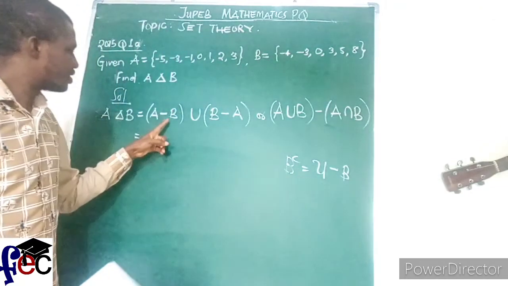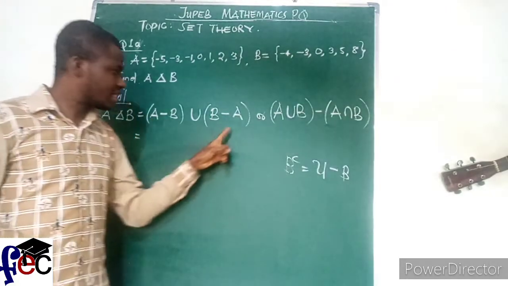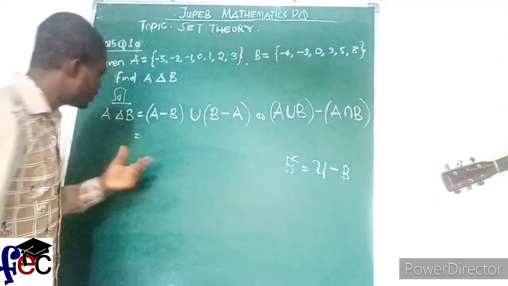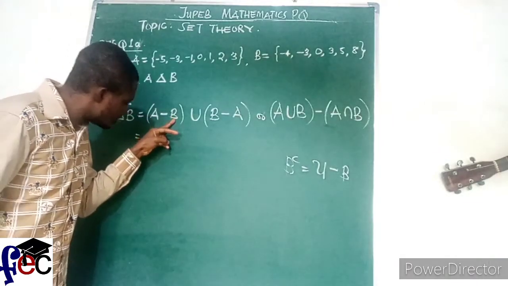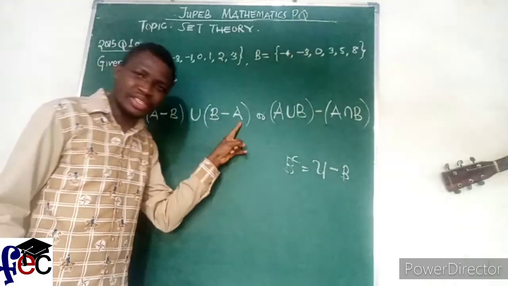So this is the relative complement of set B with respect to A, and this is the relative complement of set A with respect to B. That means, what are the elements present in set A but cannot be found in set B? And this means, what are the elements in set B but are not in set A?